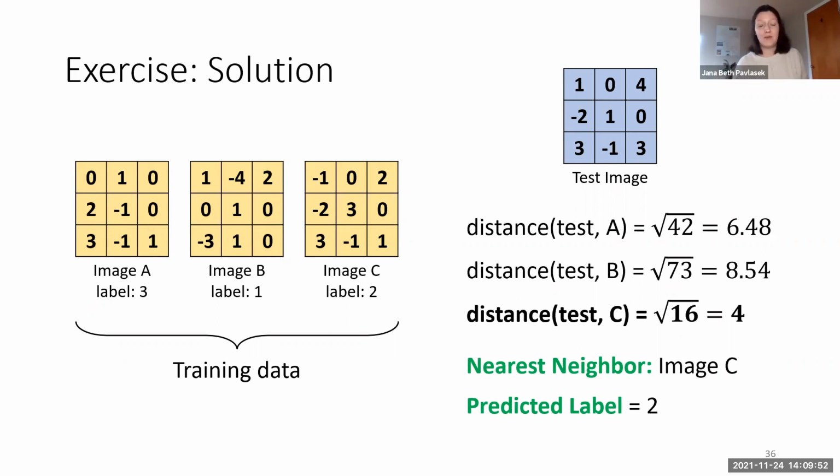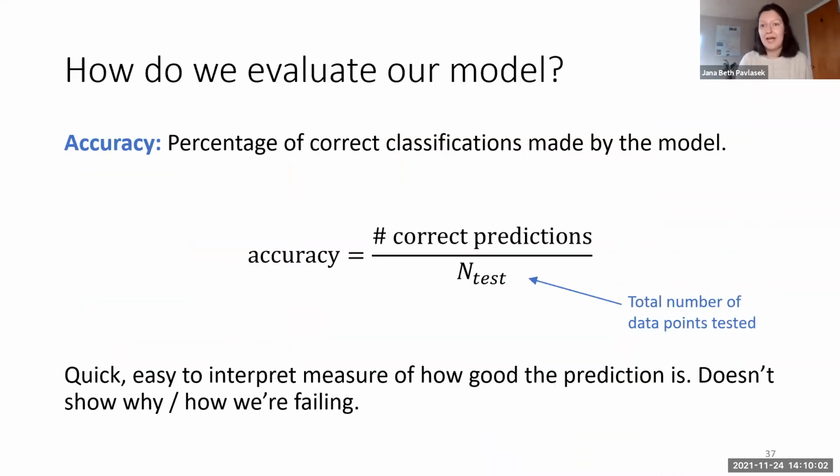So one thing that we haven't talked about yet is how do we know whether this algorithm is actually any good? We can run and do a bunch of different predictions, but how do we know how well our algorithm is doing? Your notebooks will include a calculation of the accuracy of your classifier.